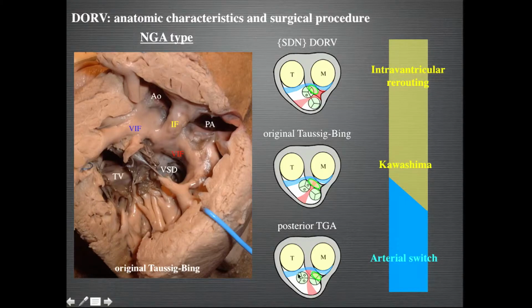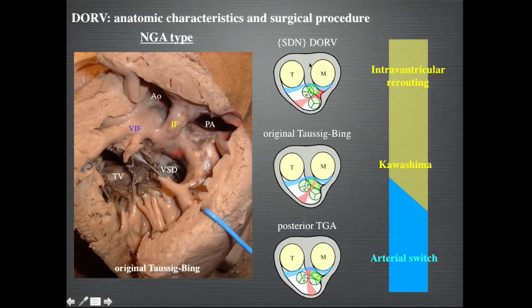This one is the same situation, the aorta on the right side but slightly posterior, usually a side-by-side arrangement, and also subpulmonary VSD. Very important to the anatomy, the infundibular septum and interventricular septum are more aligned, in a straight line.